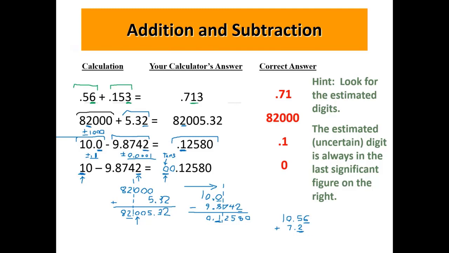So the fact that there's uncertainty in the tenths place means I have to stop right there because I can't have two uncertain digits. It's actually pretty easy to understand why we have the rule, but using the rule is a little tricky. Using the rule is a little bit not obvious, shall we say.